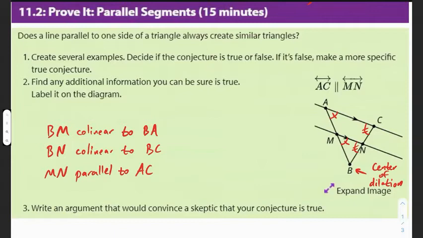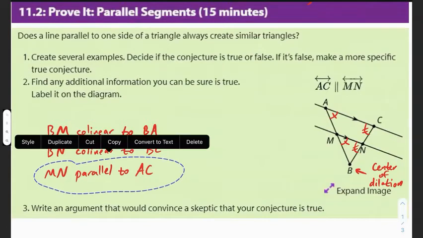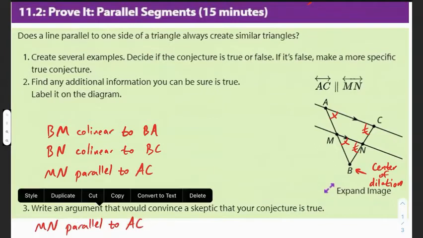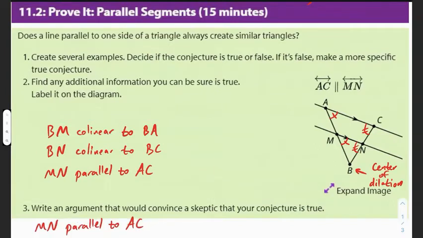So let's see. MN is parallel to AC. We talked about that. And then we do have those corresponding angles.